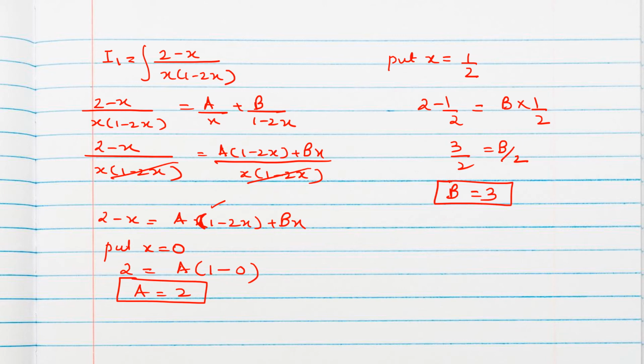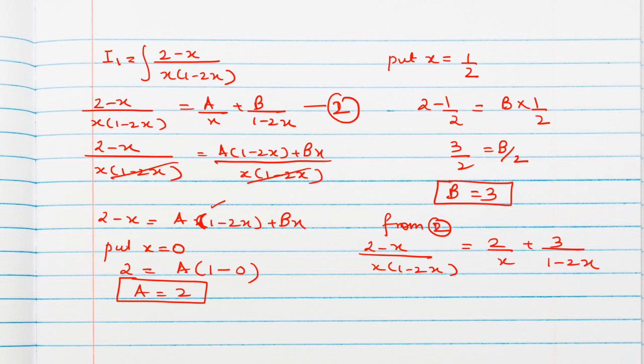Now this a and b value we should substitute in equation 1, where we express the integral in the form of I1. So 2 minus x by x into 1 minus 2x is 2 by x and 3 by 1 minus 2x.